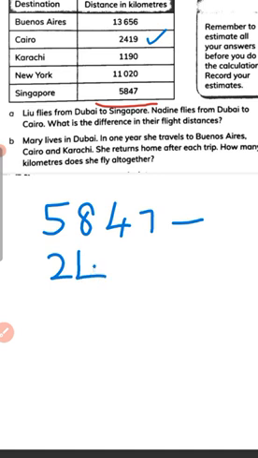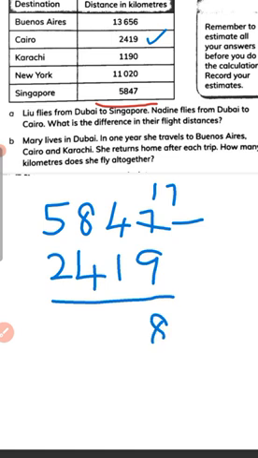So find the difference between these numbers, children. 17, 8, this 4 becomes 3. Okay. So 3 minus 1, 2. 8 minus 4, 4. 5 minus 2, 3. So what is the difference between these places? 3,428 kilometers. Okay.